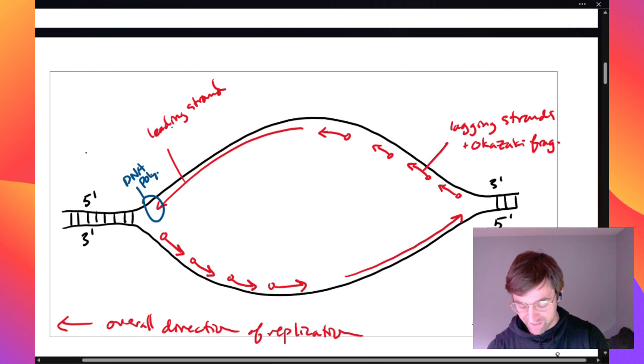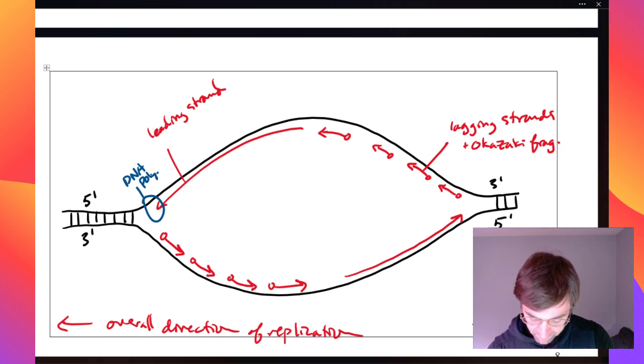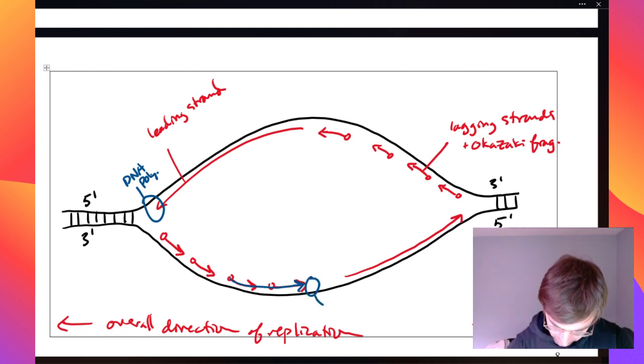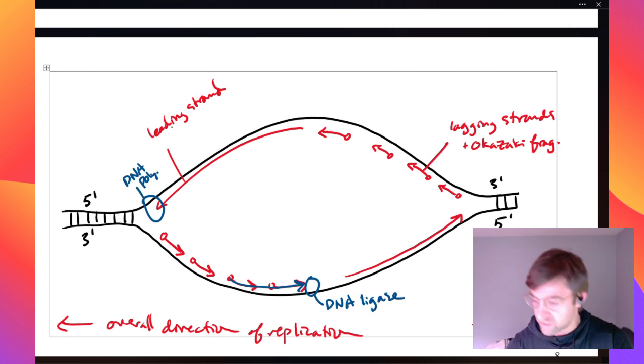So to go back and do these Okazaki fragments and tie them together, a DNA ligase has to hop back. So where do I want to put that? Yeah, we're going to join these two fragments. Is joining those broken fragments of replicated DNA together.